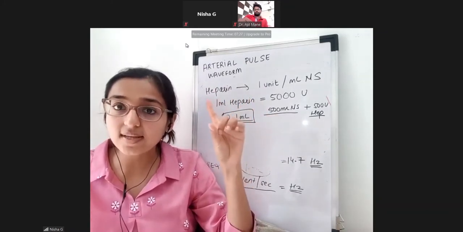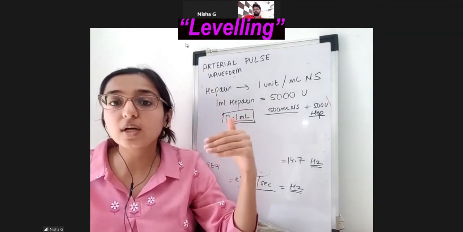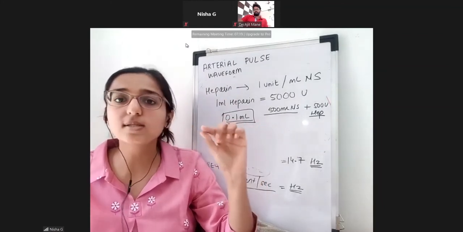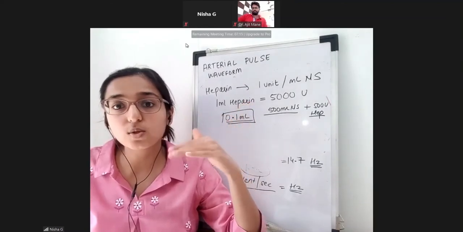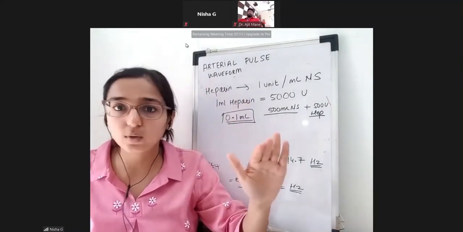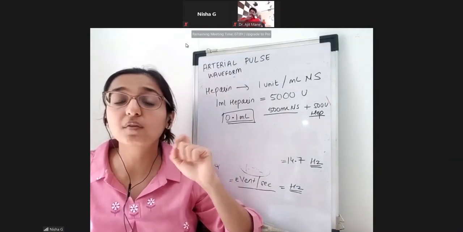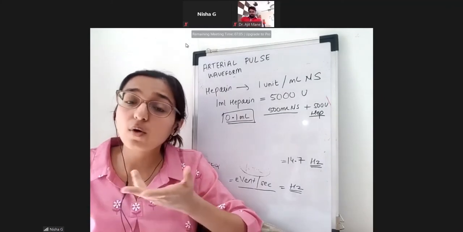There is something known as leveling. Leveling means the level at which we want the BP reading, where the transducer is located. If it is located very high or very low, it will not give you the correct reading. We want the transducer at the level of the aortic root. Where is the aortic root on the body?